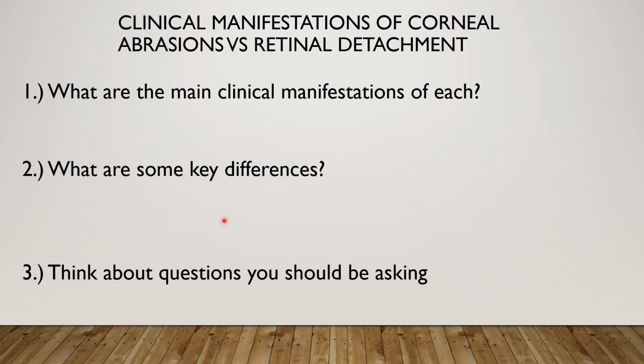So like I said, the patient will commonly report sharp, intense pain that worsens with blinking or eye movement. They try to blink and get out the scratch, but it's not going to leave because it's on the cornea. They can have some redness and blurred vision, but the symptoms come on suddenly.